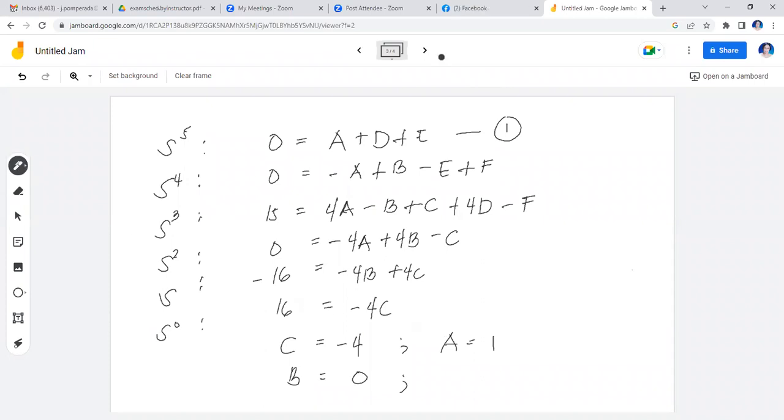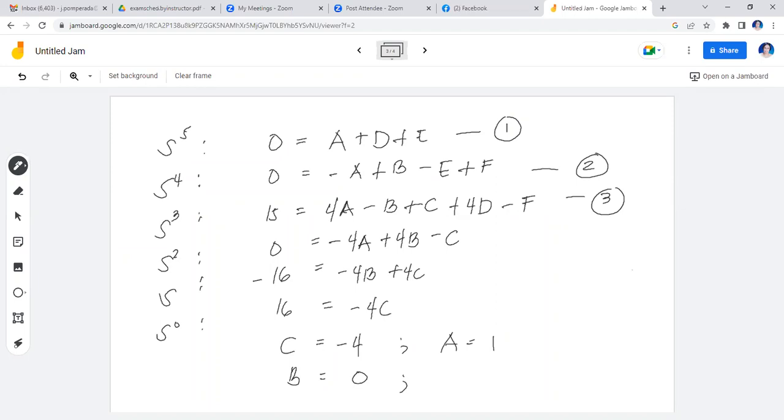And what else? We have A, B, C. Okay, I have A and C. So we'll have to assign equations here. So this is equation 2 and this is equation 3. We know already the 3, so we can substitute A to 1.